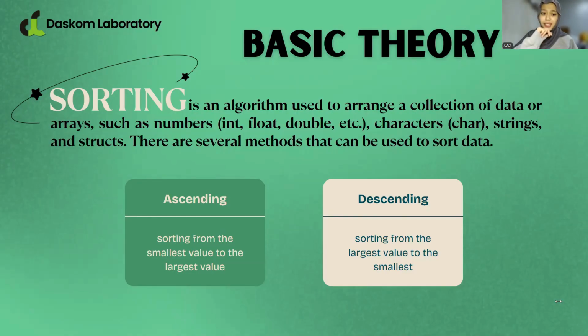Number 1 is ascending, which means sorting from the smallest value to the largest value, for example 1, 2, 3, 4, and 5. While descending is the opposite, sorting from the largest value to the smallest, for example 5, 4, 3, 2, and 1.